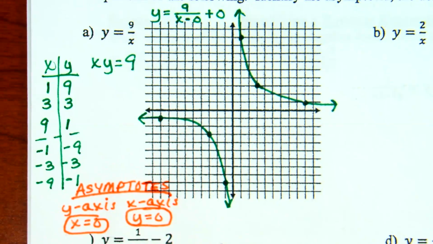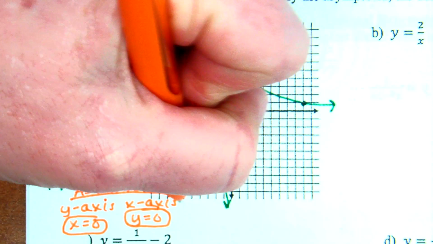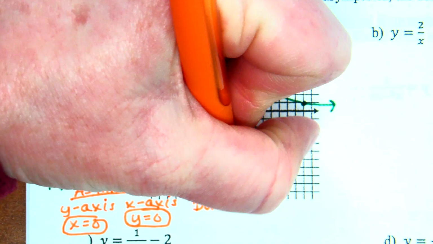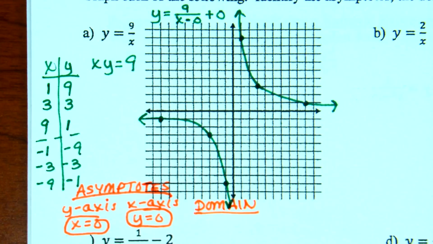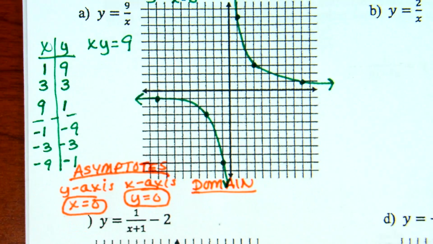Okay? We also need to talk about domain and range. What did it say about domain up at the top of your page? All reals except, it's always going to start that way, x equals h.